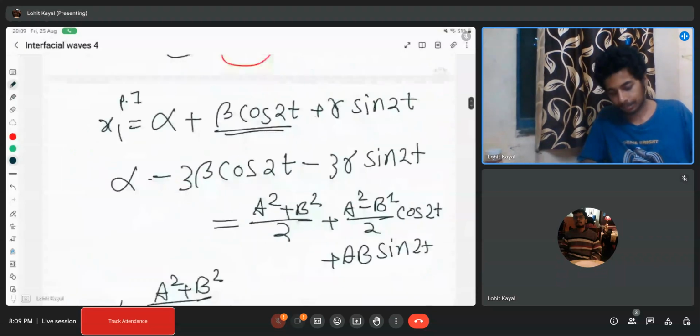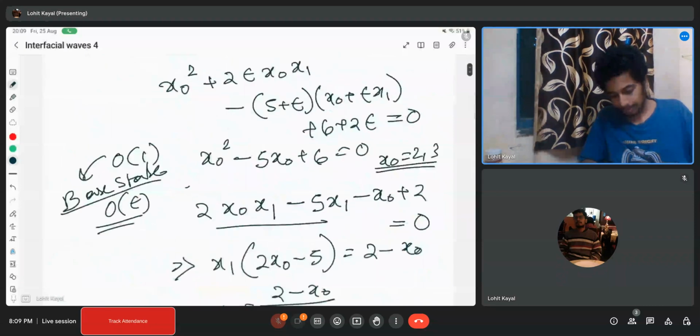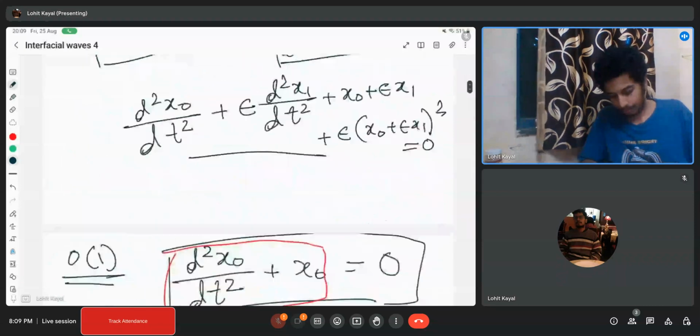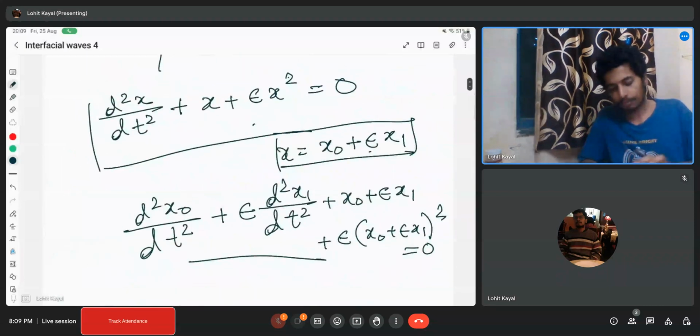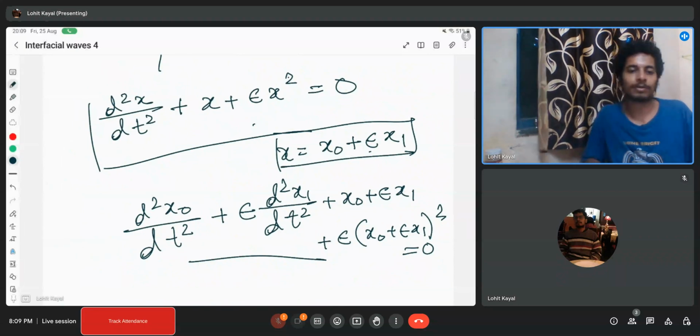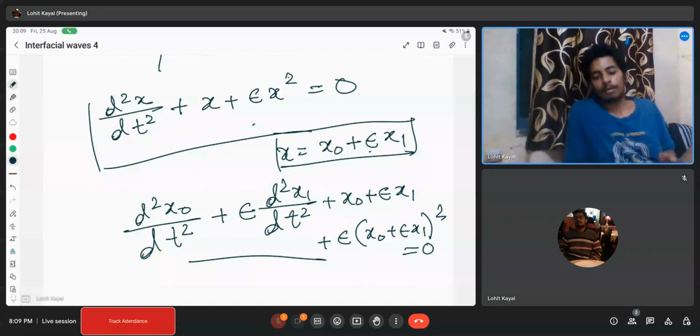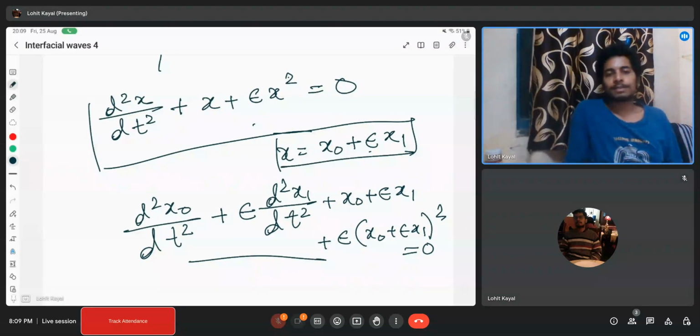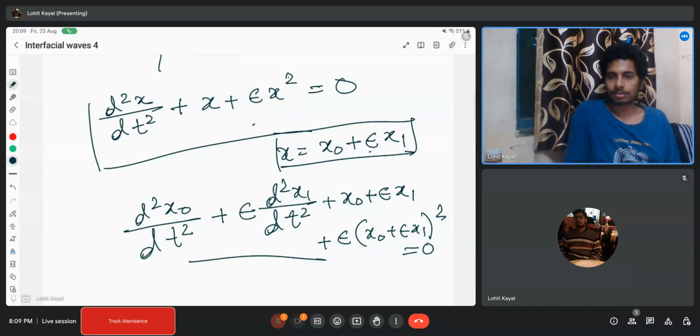There we had epsilon x square, something like that, right? We had exactly a similar problem like this. Instead of epsilon x square, we have here x square only. But here x square means initially if you have your cos t naught, at the second order you are getting cos 2 t naught. Okay, but that is not a secular term. So you are in luck. So that is not causing any problem.